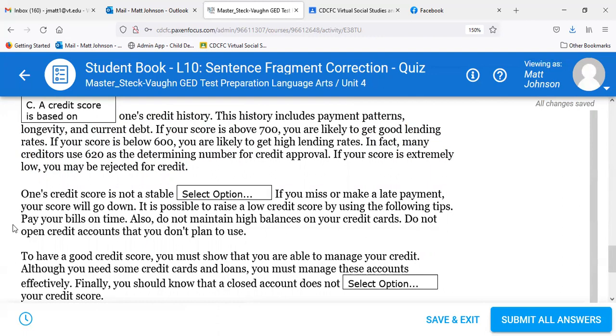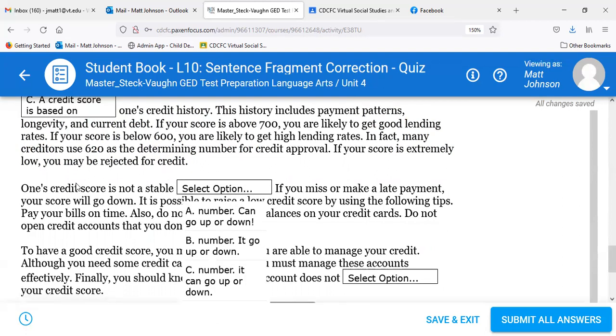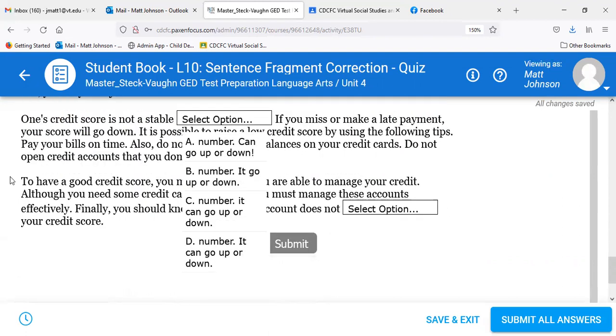If your score is extremely low, you may be rejected for credit. One's credit score is not a stable number. You can go up or down." I'm sorry, I'm reading the choices. I think the answer is B.